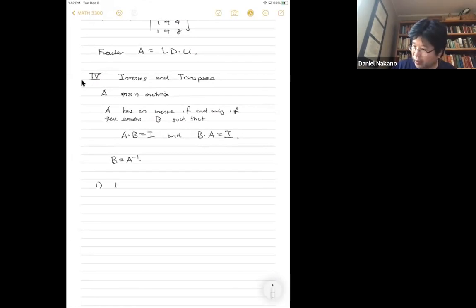We can find inverses via Gaussian elimination, which I'll go over in a second, and the second is you can use cofactors, and I stated how to do that.